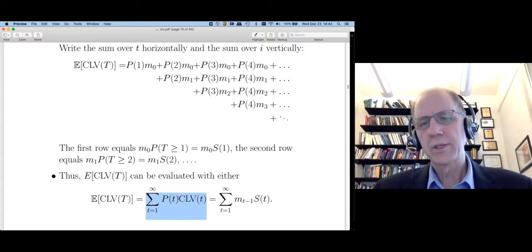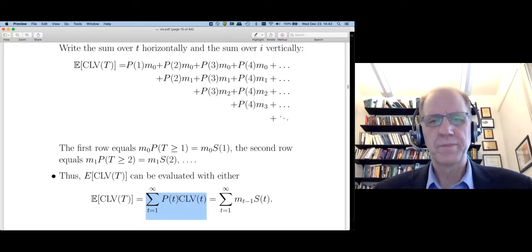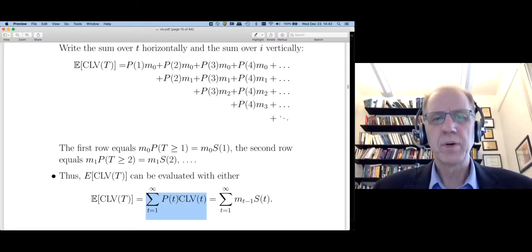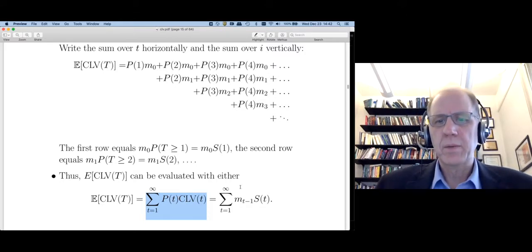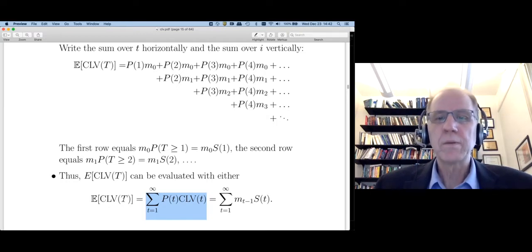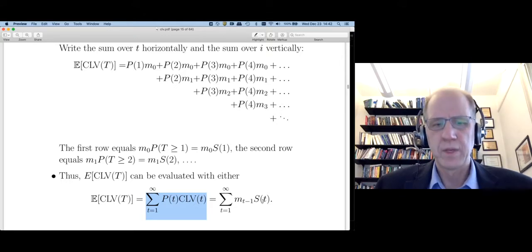Now we can actually derive another result from this. If I want to count the number of periods that a customer is active, I'm going to let m sub t equal 1 for all t. So every period counts as one period. Then the expected value of just t is going to be the sum of the survivor functions.